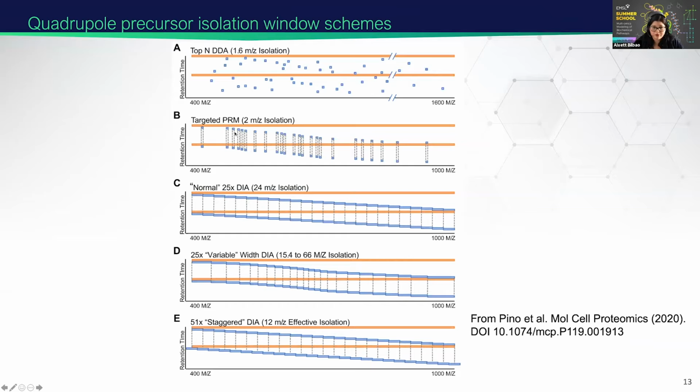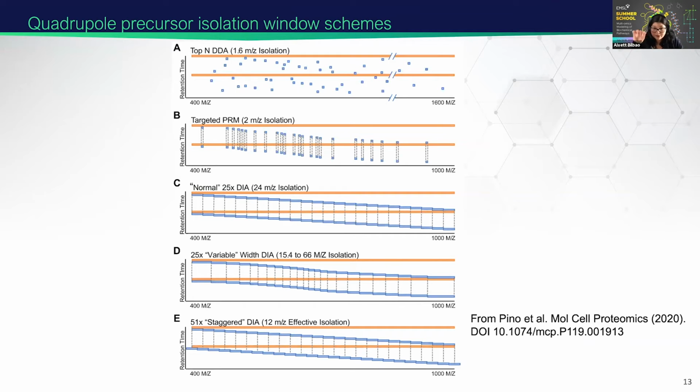Then we have another approach called parallel reaction monitoring, where specific precursors can be predefined, and the instrument, it's something between SRM and DIA, because the instrument is collecting spectra for the full spectrum for specific precursors that are selected.